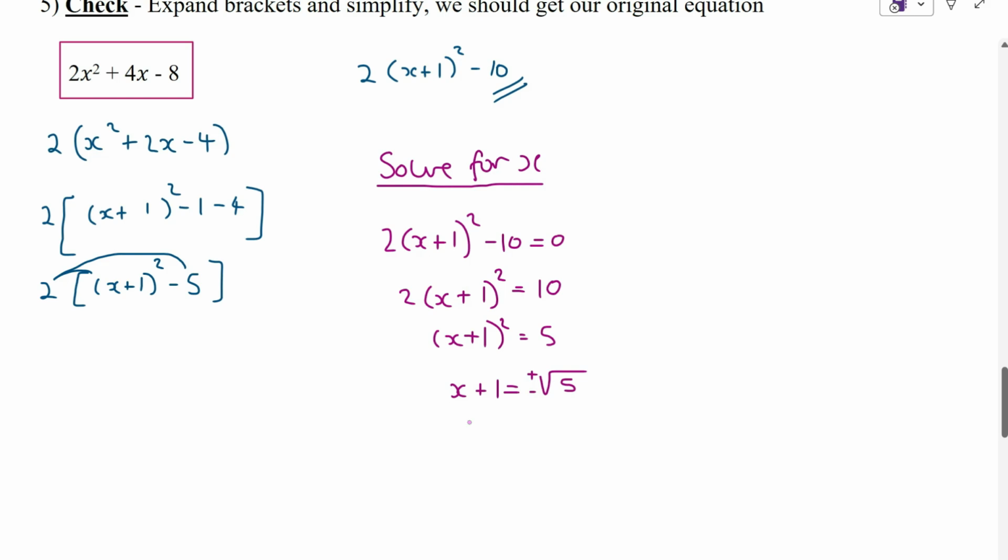It's plus or minus root 5, giving us two solutions for x, which is minus 1 plus or minus root 5. Okay, now to find the turning point. Now this will just be one set of coordinates, and we take this value inside the bracket and we take it out, so that's minus 1, and this value outside of the bracket as our y.